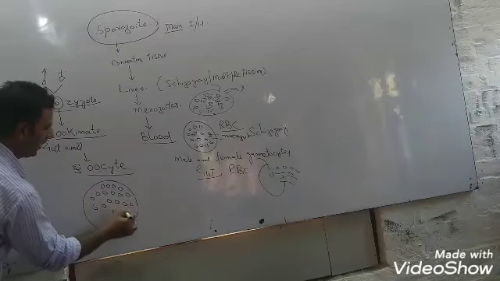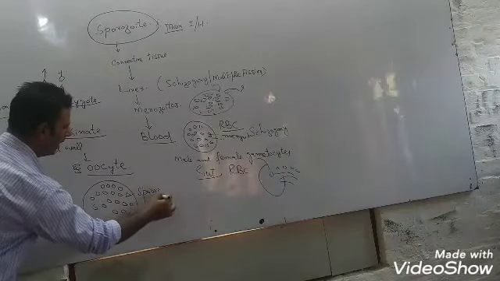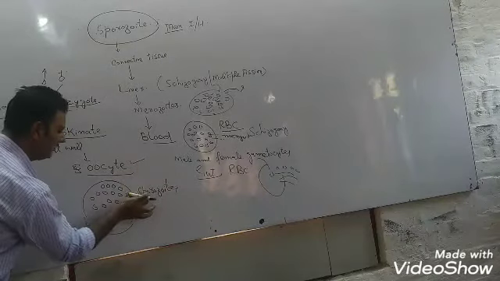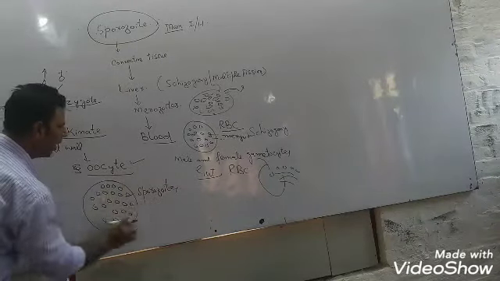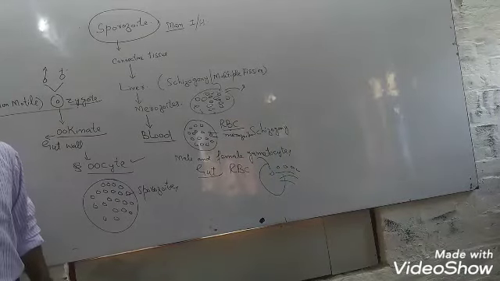Basically, the oocyst is composed of a large number of sporozoites enclosed by a membrane.